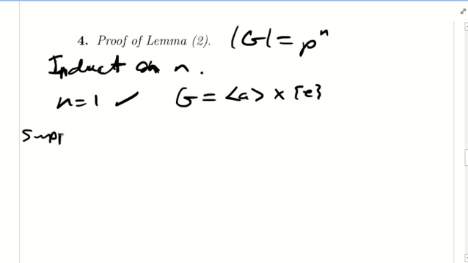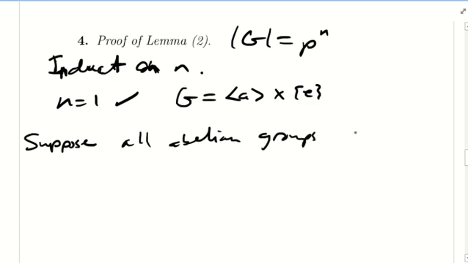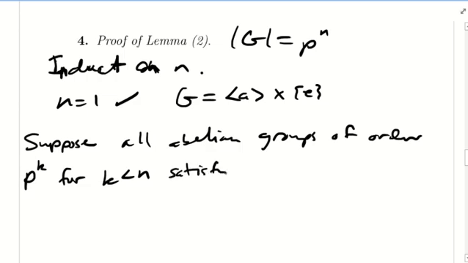So that's pretty obvious. So now assume, suppose all abelian groups of order p to the k for k less than n satisfy the conclusion of the lemma.